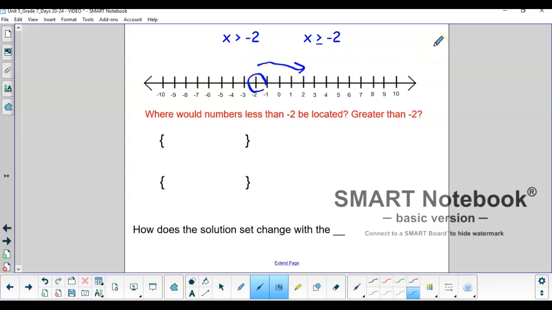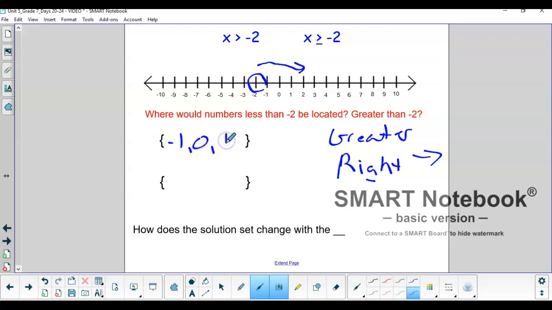So now we're thinking greater than is to the right. Greater than numbers always go to the right of a number. So the first number that is greater than -2, the first number or integer that is to the right of -2 is -1. Then 0, and then +1, and then all the other positive numbers in the known universe.